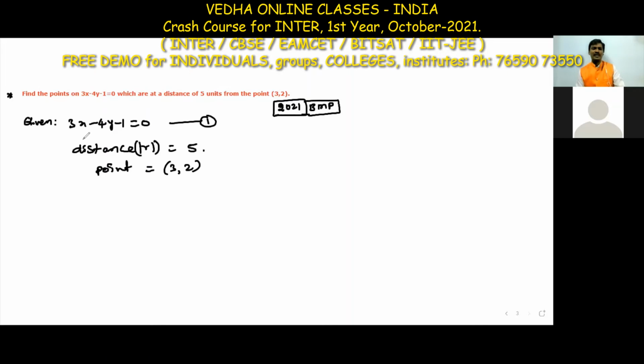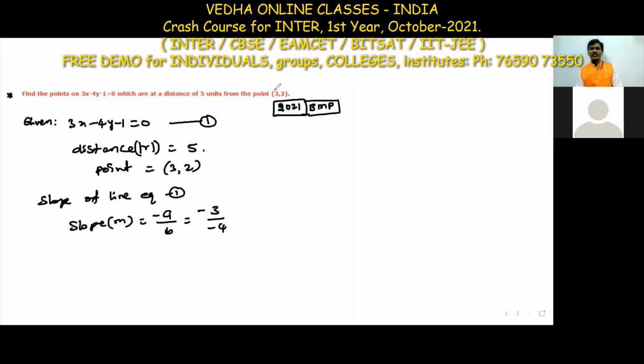From the given equation, find the slope of the line, the slope of line, equation 1. What is the formula for finding the slope? Slope m is equal to, when the line equation is given, minus a by b, minus x coefficient by y coefficient. Minus x coefficient is 3 divided by y coefficient is minus 4.